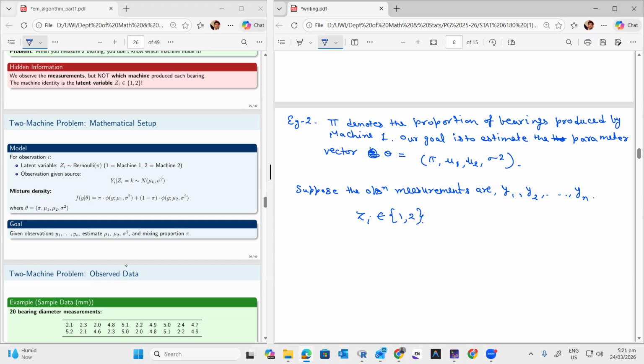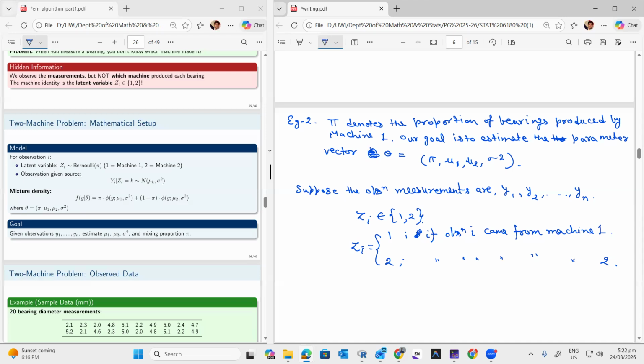All right, so zi equals 1 if observation i came from machine 1, and 2 if observation i came from machine 2.